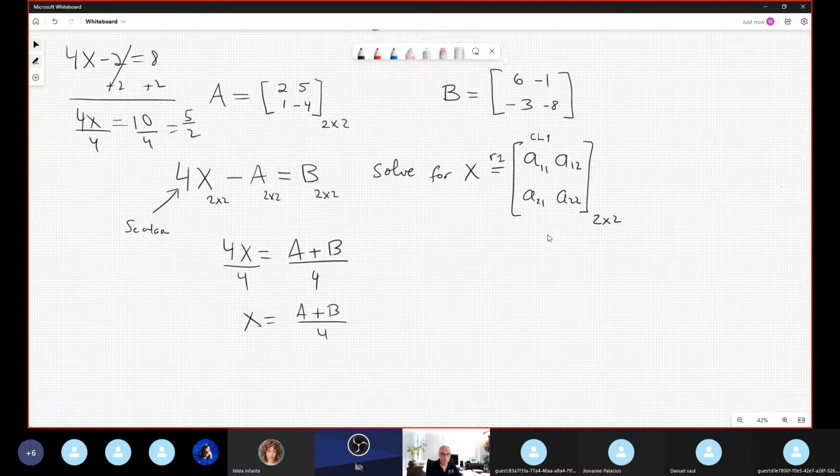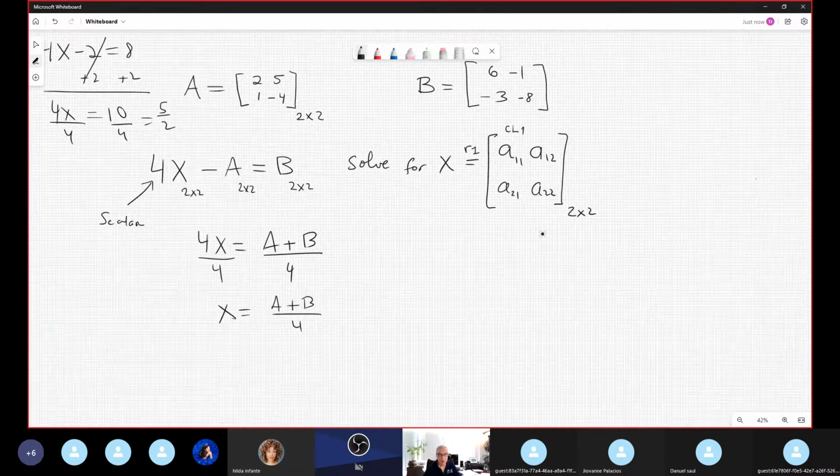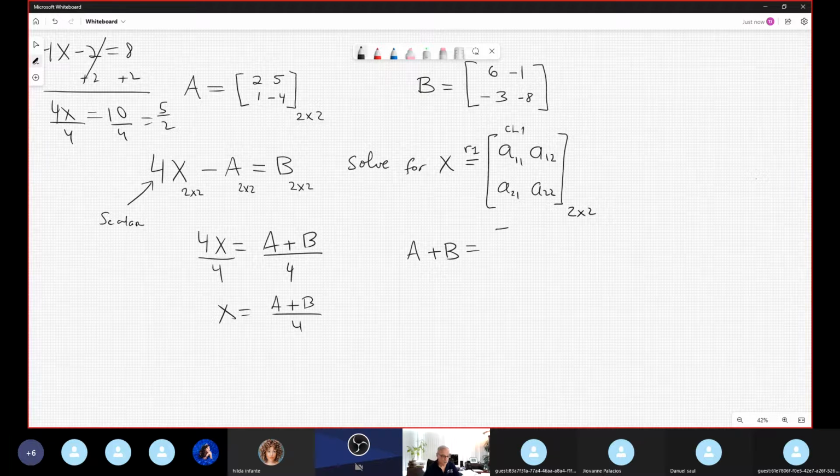Okay, let's do it step by step. A plus B is 8. Where does this 8 come from? 2 plus 6. 5 minus 1 is 4. 1 minus 3 is negative 2. And negative 4 and negative 8 together is negative 12.